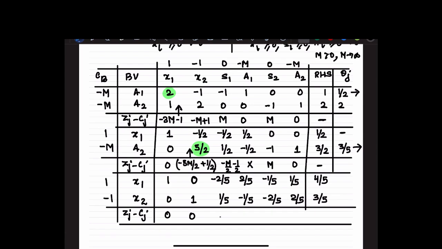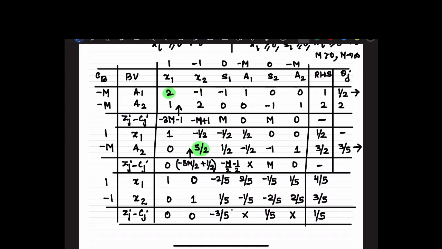S1 का you have -3/5. Okay. Leave this. S2 का आता है. S2 का is coming 1/5. A2 का you can leave. यहाँ पे वैल्यू निकाल सकते हैं because artificials have left. 4/5 minus 3/5 is 1/5.